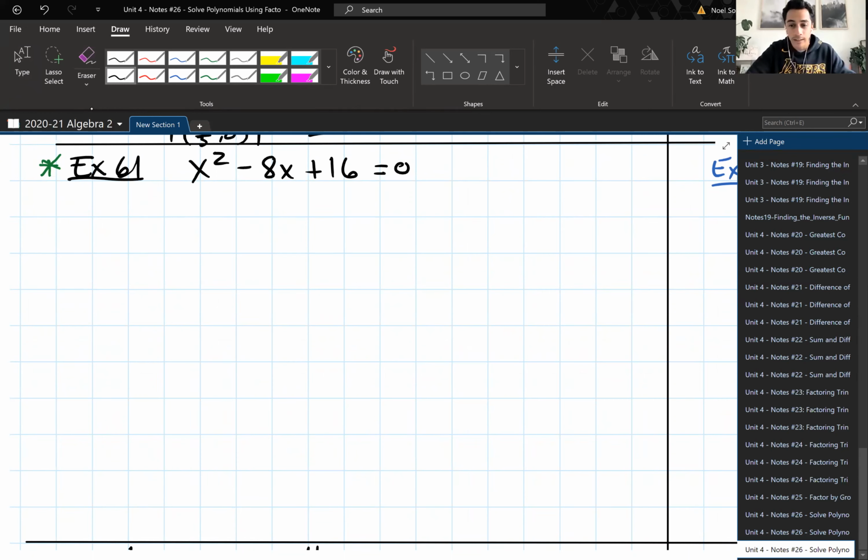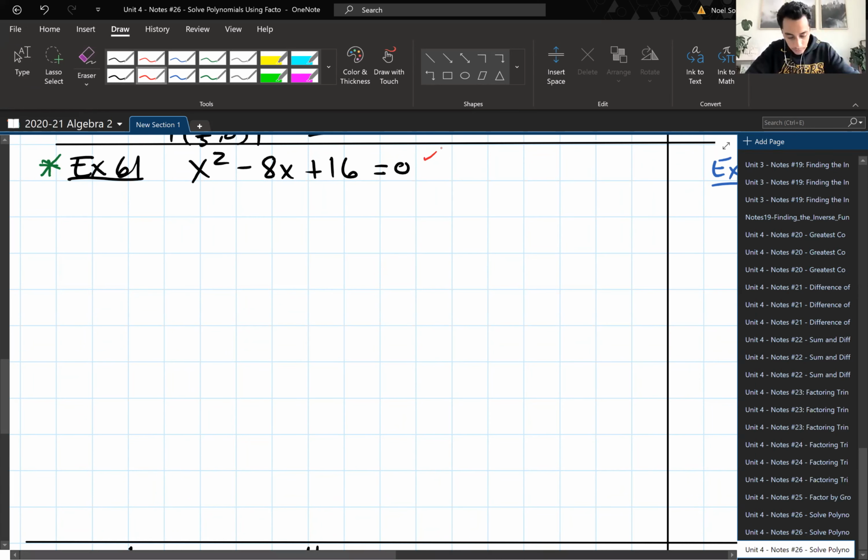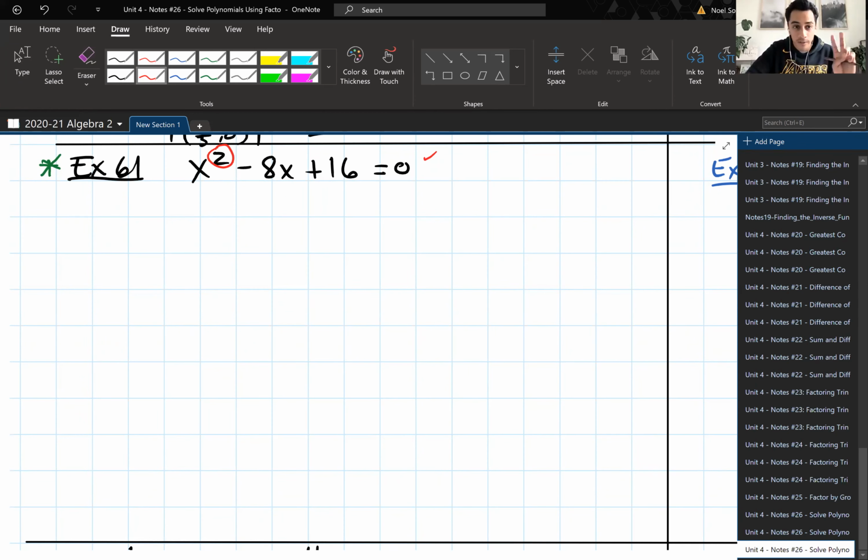I'll definitely let you try one on your own after we get through number 6, just because it's a double case. It's a special case, so I want you to know that this is a possibility. All right, so let's do a quick check to make sure things are in order. First of all, it's set equal to 0. That's good. And then also I can identify how many solutions I will need. It's 2, right? Power of 2 is the largest power. I need 2 solutions, 2 intercepts.